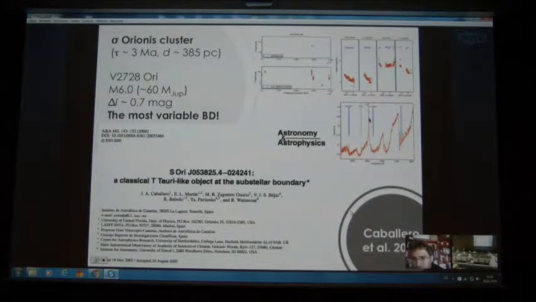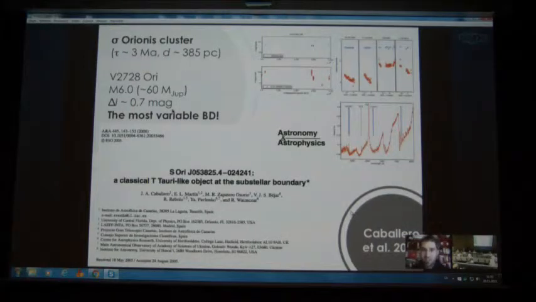What we found is that it was indeed very active, with a strong H-alpha emission, and that it showed amplitude of variability of up to 0.7 magnitudes, which makes it, almost 10 years later, the most variable brown dwarf ever found.